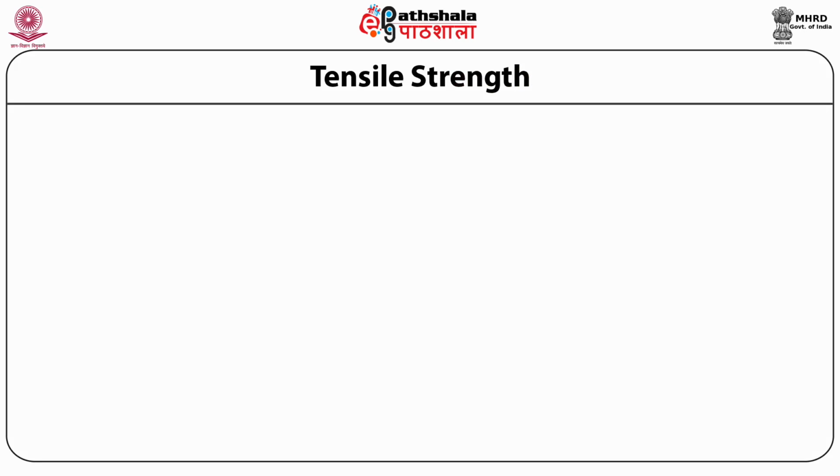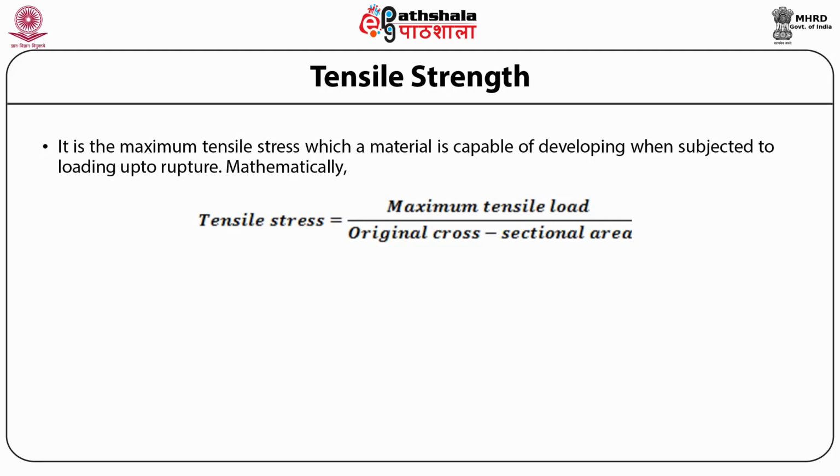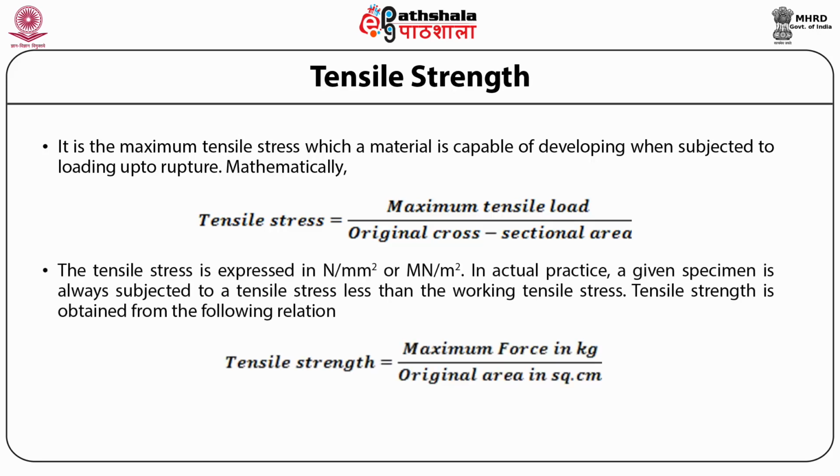The topic is tensile strength. It is the maximum tensile stress which a material is capable of developing when subjected to loading up to rupture. Mathematically, tensile stress equals maximum tensile load divided by original cross-sectional area. The tensile stress is expressed in newtons per mm square or meganewtons per meter square.